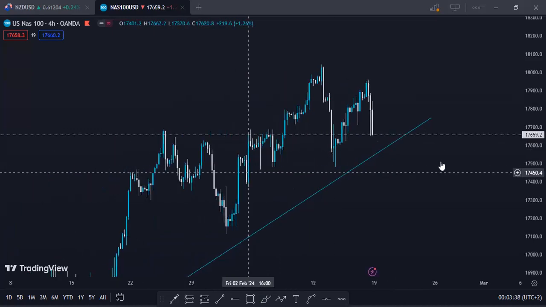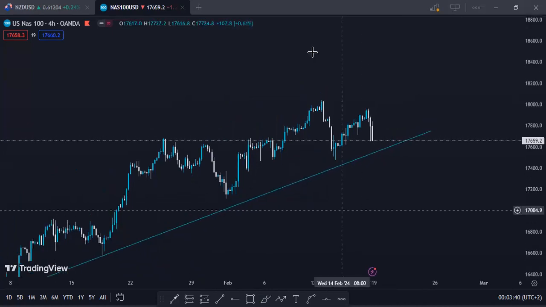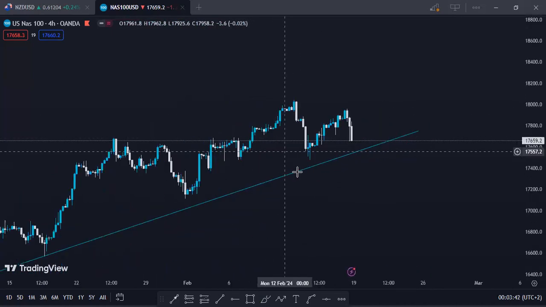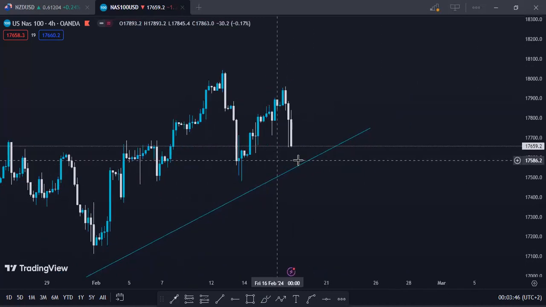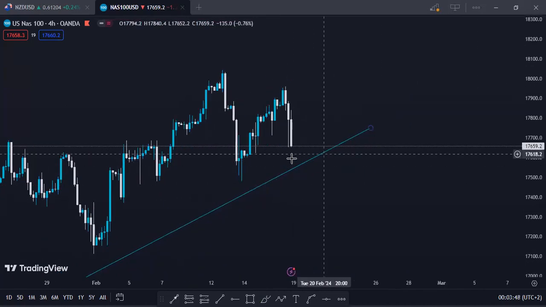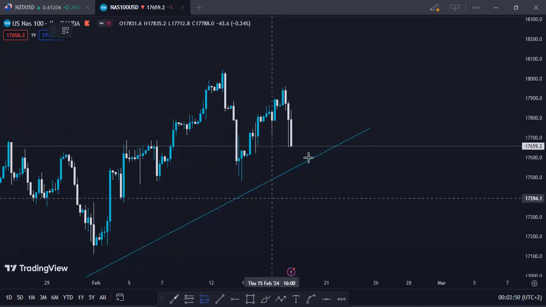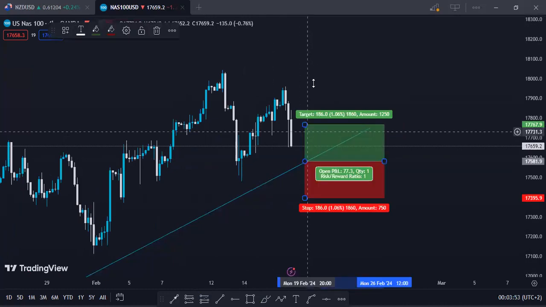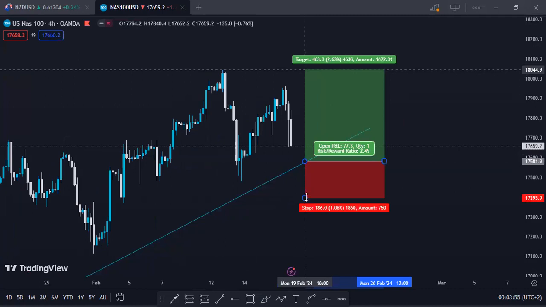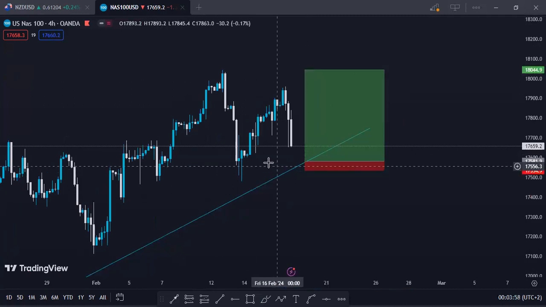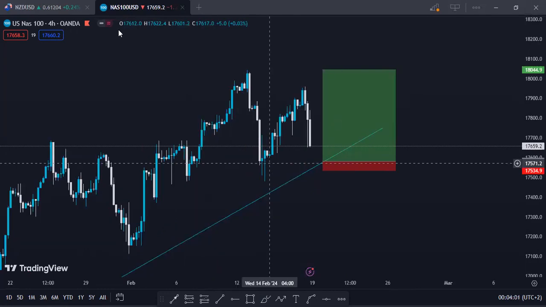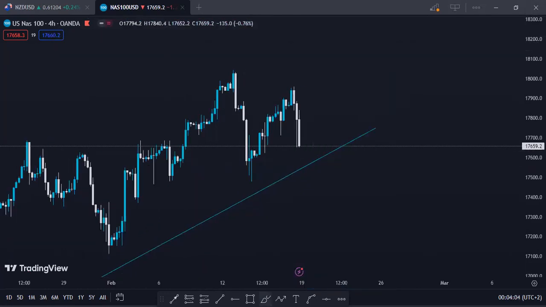So usually what I do when I find the setup on the daily time frame, I go to the 4 hour time frame just to confirm, right? On the 4 hour time frame, I'm just gonna wait for reversal candlesticks. So I can take those buys only if it respects the trend line and gives us a reversal candlestick. That's when we're gonna look for those buys. Otherwise, guys, if price breaks this trend line, and it can happen, right?